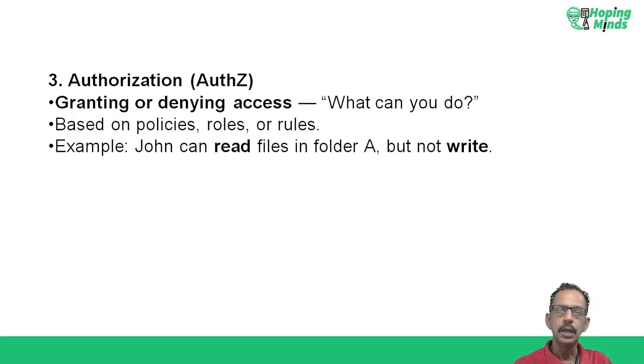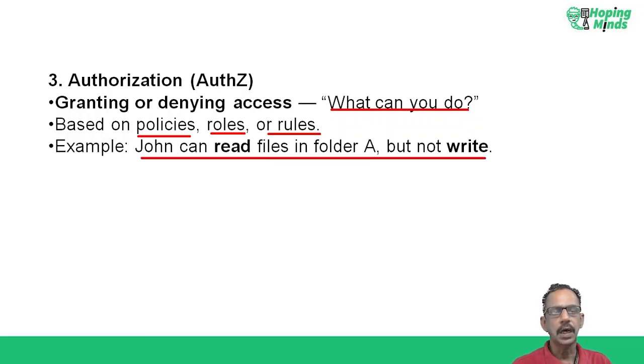That I said in the beginning: who, which, what he can do. That is the triple W that I told you. That can be done with the help of policies, roles, and rules. For example, John can read a file in a folder, but not write.